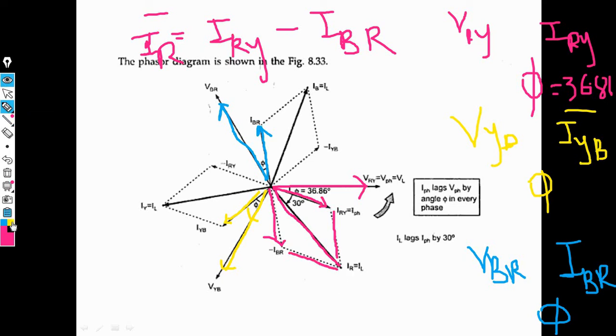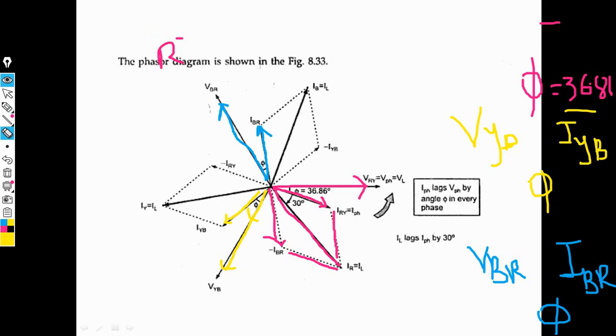Same for the Y phase: the magnitude of IY bar is equal to IYB minus IRY. IYB is here, then minus IRY is here. Then we draw IY bar.